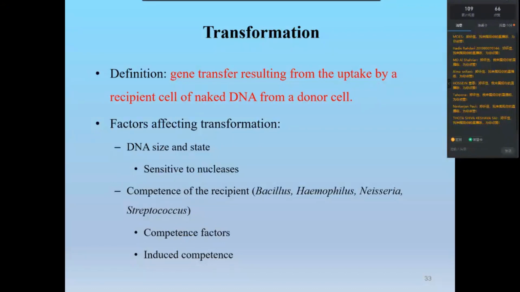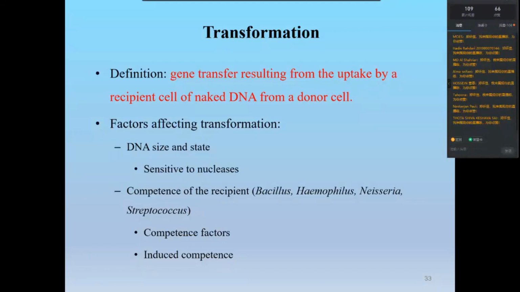We can also use other factors, for example, chemicals, to treat the recipient cell so that we can induce the cell and make them competent. And this we call induced competence. In our research lab, we always do this.